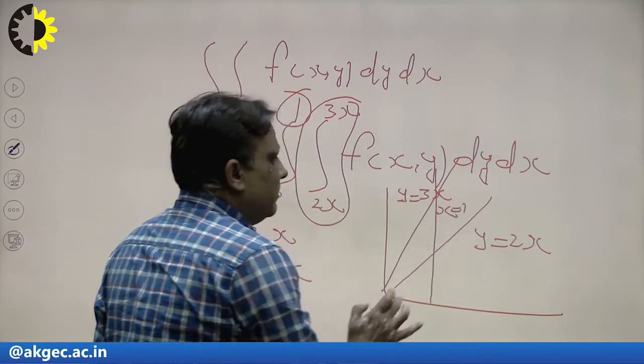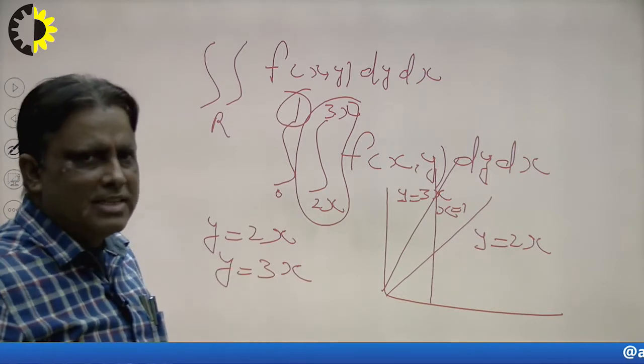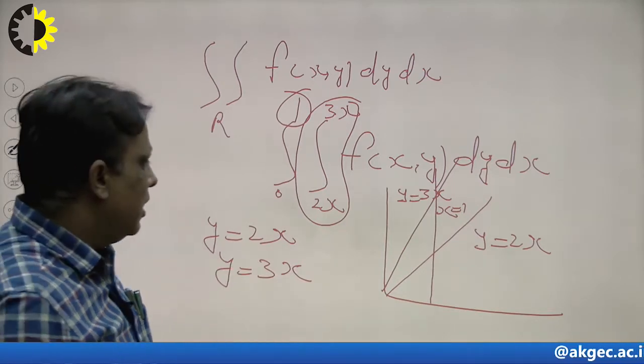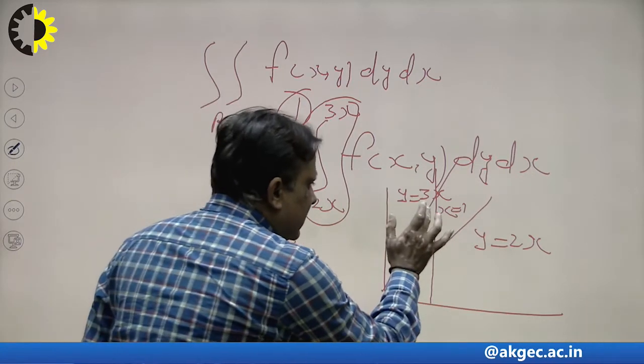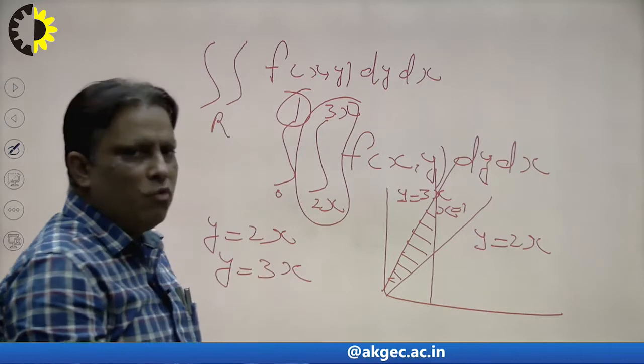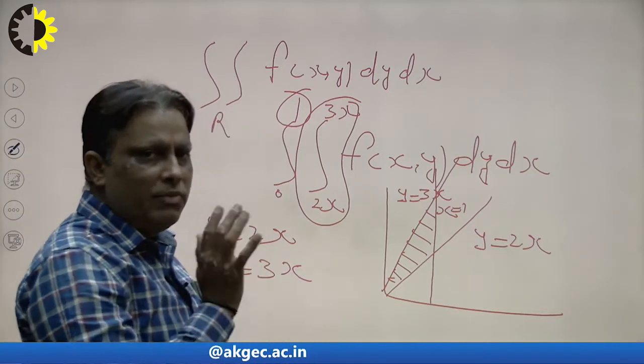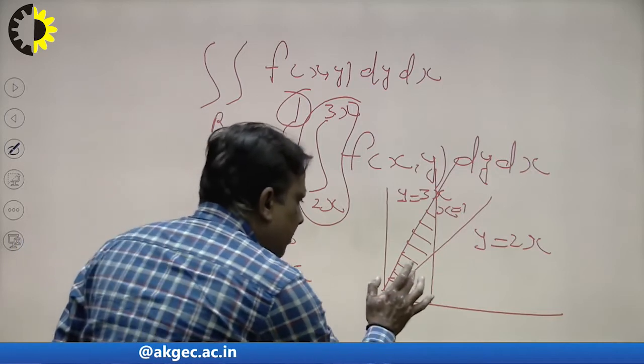First of all we select the region which will be the correct region in this diagram. So there is a region, this is the region. How to select this region? When we take the limit of y, we consider an elementary strip parallel to the y axis.